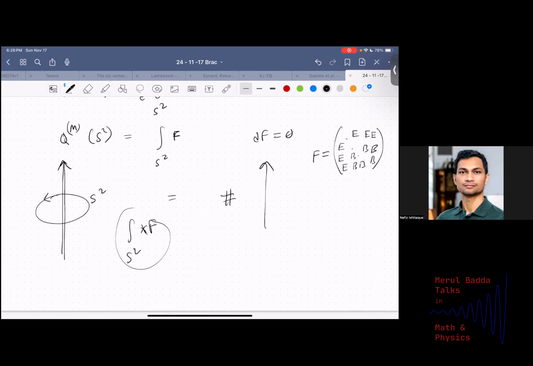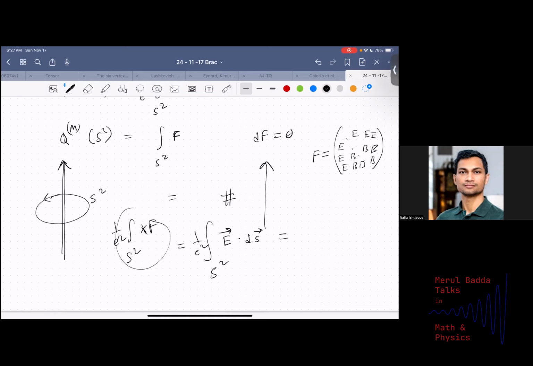Either this is F or star F. Anyway, the point is that the components of this electromagnetic stress tensor are written in terms of electric and magnetic field. And if you boil this down in terms of its components, you will see that this is the electric field dotted with some volume form on your S2, integrated over S2. So what is this quantity?